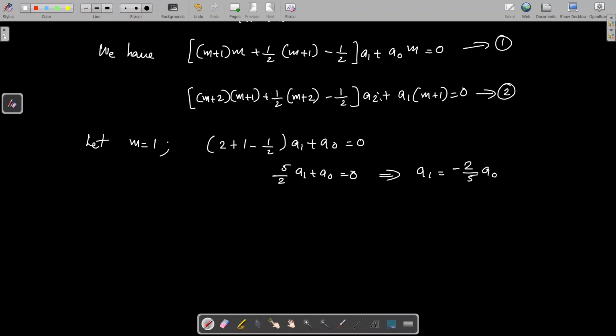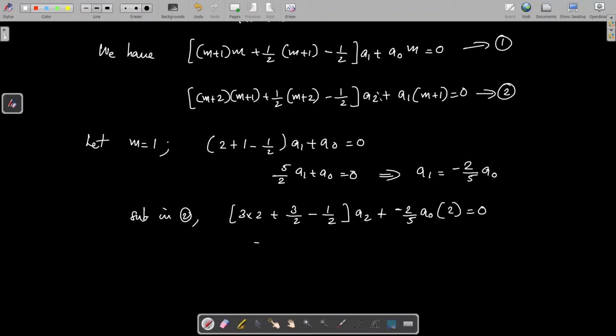Now substituting in equation 2, we have 3 into 2 plus 3 by 2 minus 1 by 2, a2, plus a1, which is minus 2 by 5 a0, into m plus 1. m is 1, so 1 plus 1 is 2. That's equal to 0.